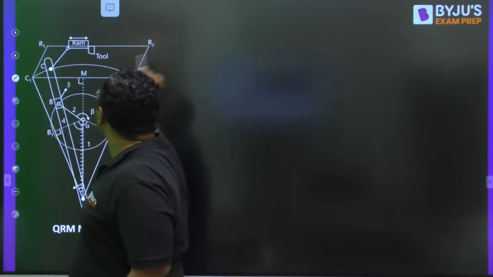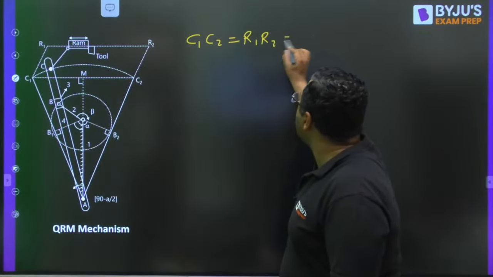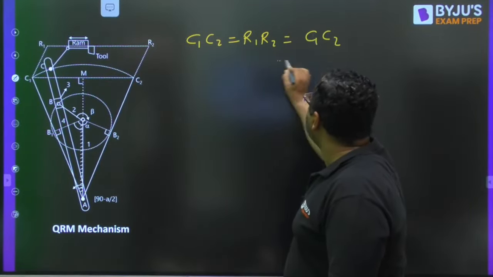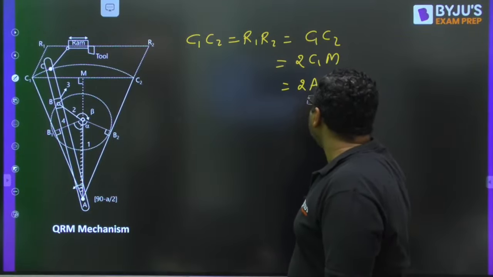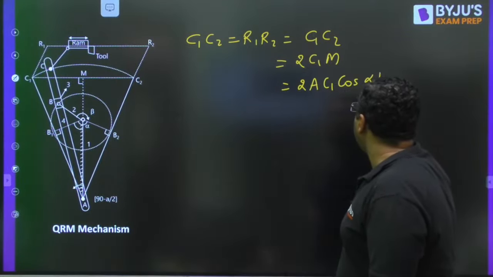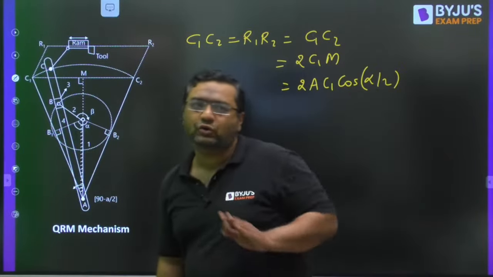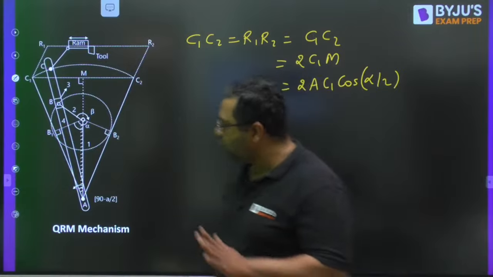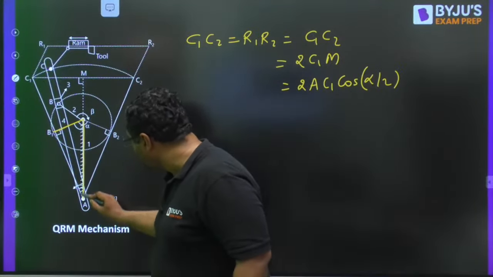You can write C1C2, the stroke length, as equal to C1C2, that is 2 C1M, that is 2 AC1 cos alpha by 2. Now my dear, the time is to put the value of cos alpha by 2. Just try to see this small triangle.